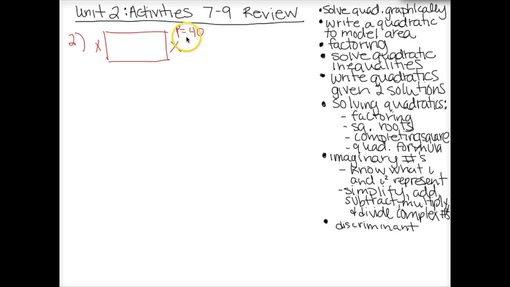So here, half the perimeter is 20. So that means that my length plus my width has to equal 20. So if I've got x as my width here, x plus the length has to equal 20. So if I want an expression for this side that involves x, all I need to do is subtract x from both sides. I see that this is going to be 20 minus x.